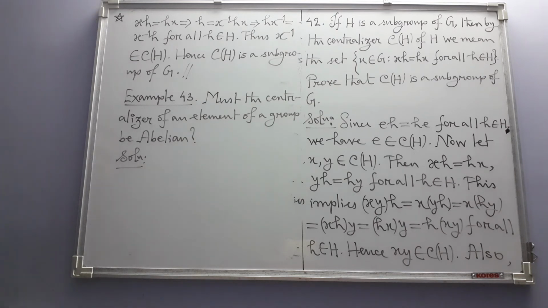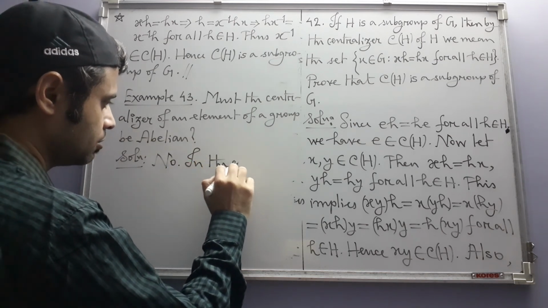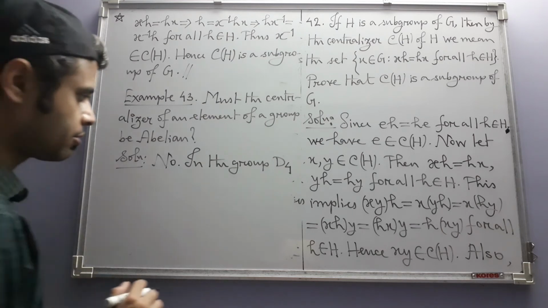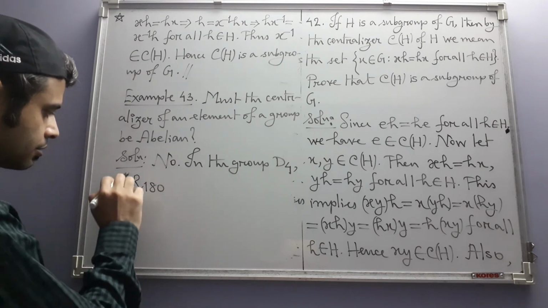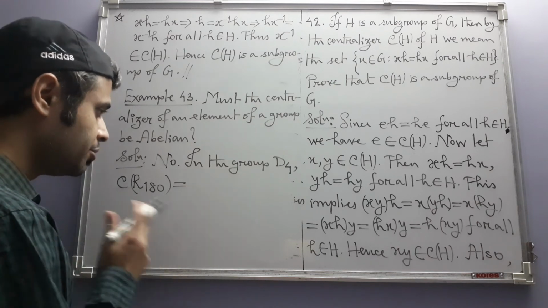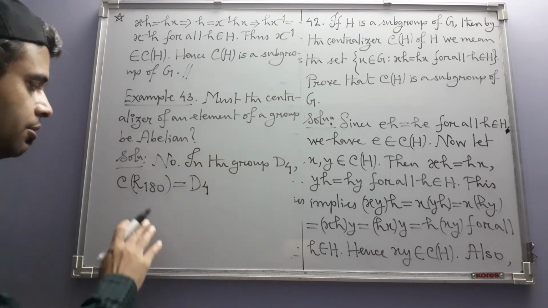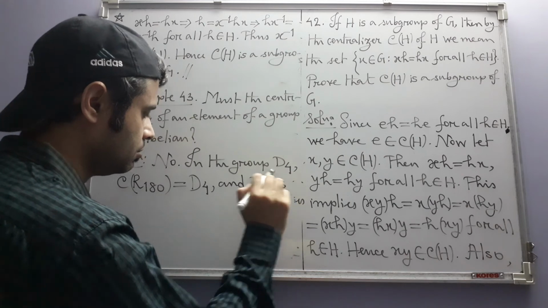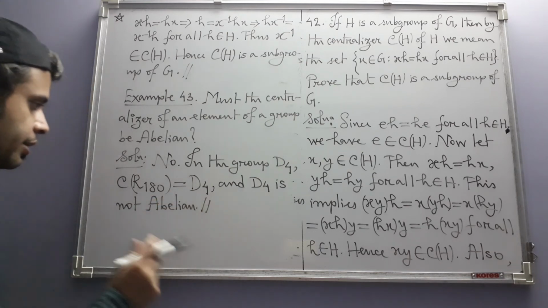And the answer is no. In the dihedral group D4 of symmetries of a square, the centralizer of this rotation, you can go to the Cayley table for D4 and you can see that this particular rotation commutes with every element of D4, so that the centralizer is D4 itself, and we know that D4 is not abelian. So it's settled negatively like this.